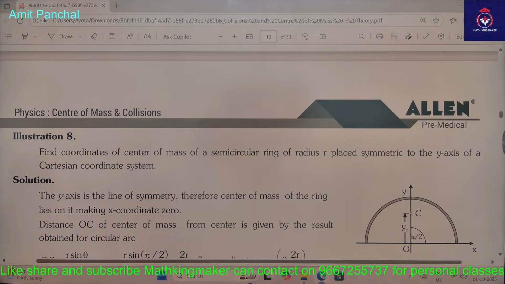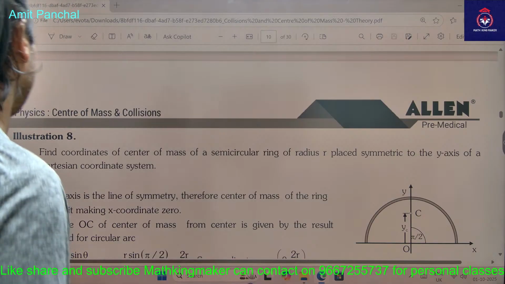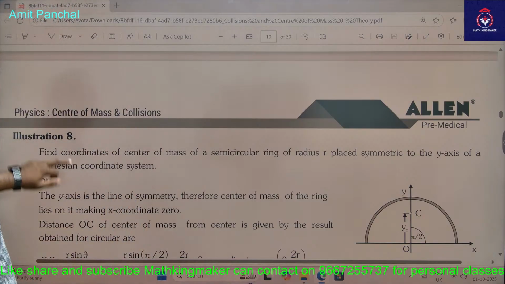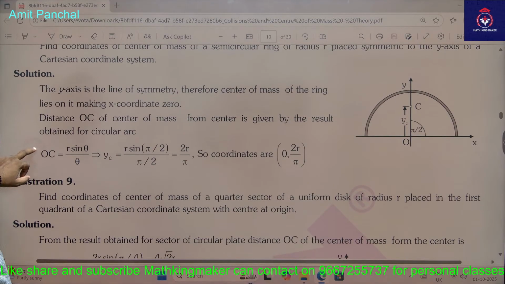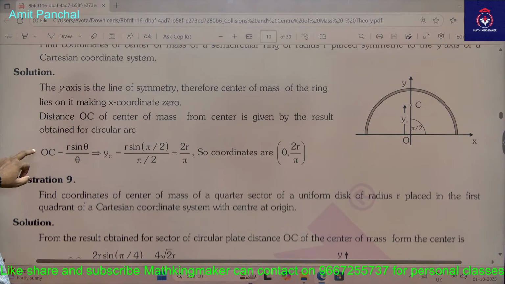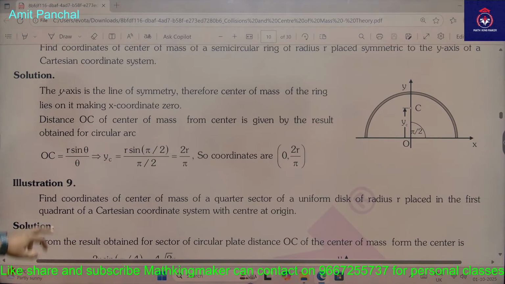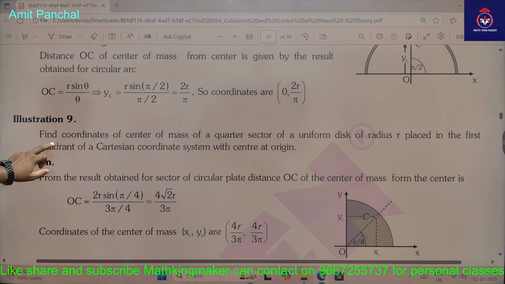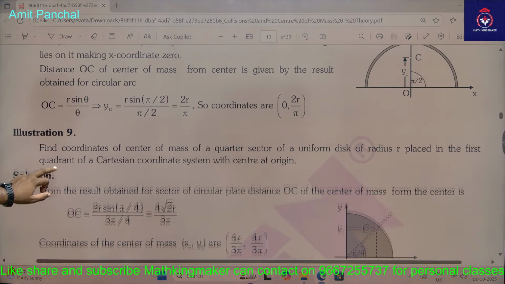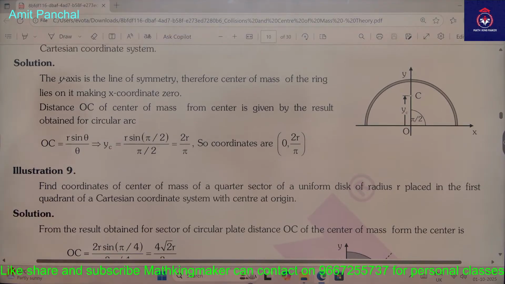So that will be the y coordinate of the center of mass, and x is 0. Understood now? Okay, just try to find it out. Now it's a uniform disk.